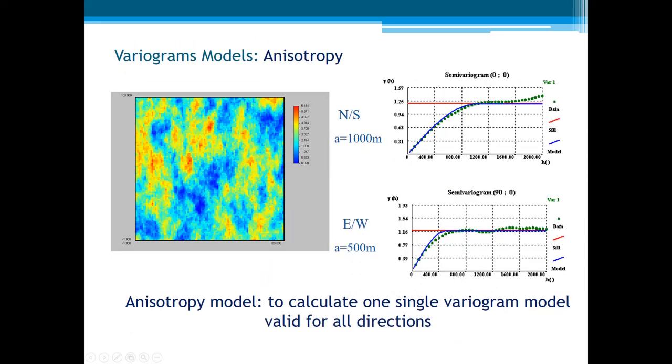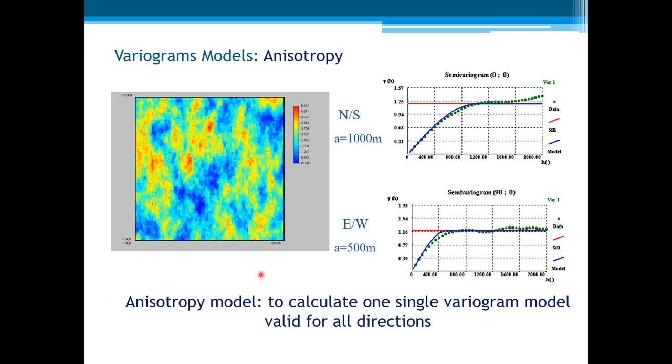Now let us see the anisotropic patterns, when the spatial variability is not the same in all directions. It means that we are not in presence of an isotropic phenomenon. Now, how to create a model of this?